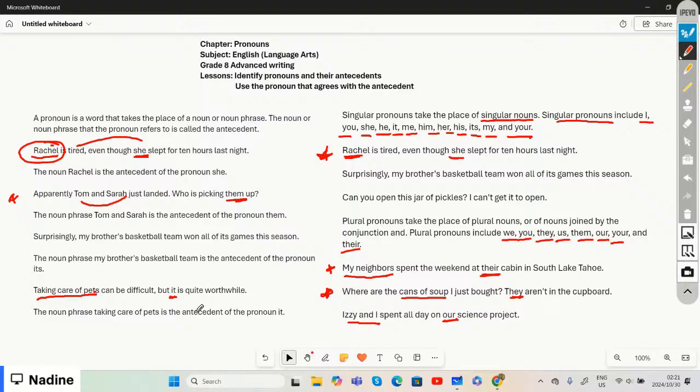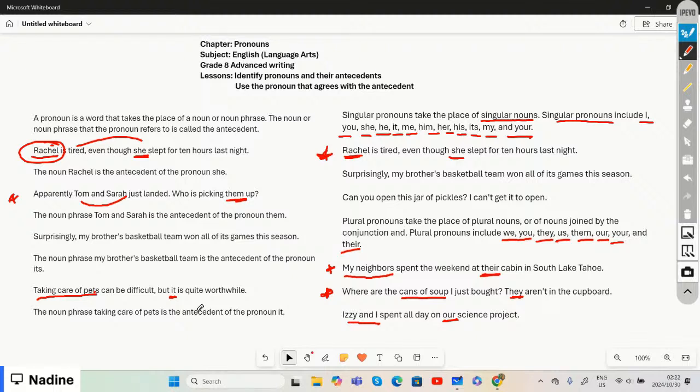All right. So now we're going to A plus students.ca. And before we go, we see that a pronoun is a word that takes the place of a noun or a noun phrase. The noun or the noun phrase that the pronoun refers to, we call the antecedent. So the noun is the antecedent of the pronoun.